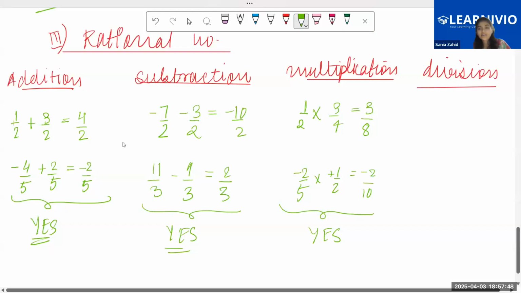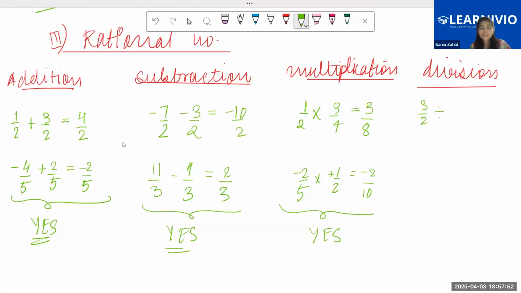Okay, for division, let's suppose I have 3 by 2 divided by 2 by 1. Now if I have division, what do I do? Remember one thing: do not be confused with division. You remove the division sign, you put a multiplication sign, and you take the reciprocal of the next number. Three steps. Now look very carefully. What are those 3 steps?